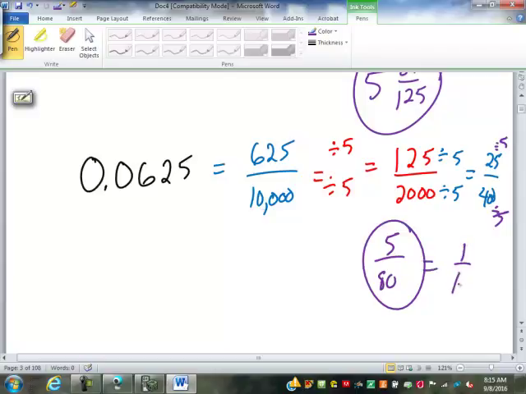125 divided by 5 is 25, right? If you divide by 25, would give you 5. So 5 over 8 or 1/16, right? Okay. You look confused.